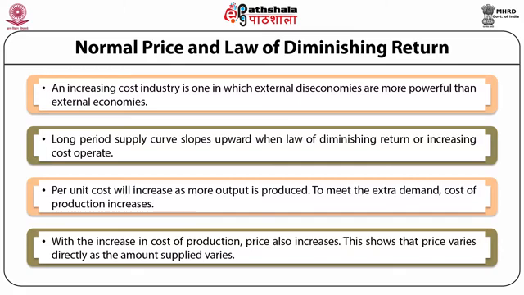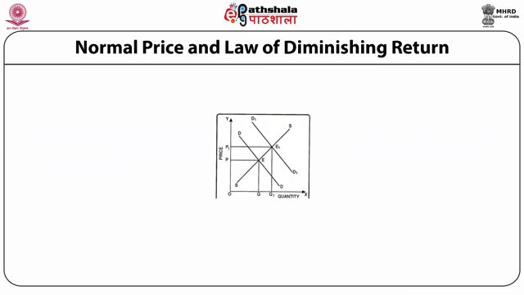It can be shown by the following diagram. In this diagram, SS is the supply curve and DD is the demand curve. Both intersect at E and OP price is determined. When the demand curve shifts to DD1 with the increase in demand, it coincides with the supply curve at E1.